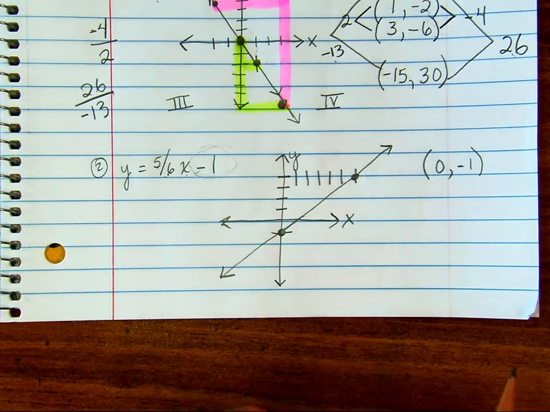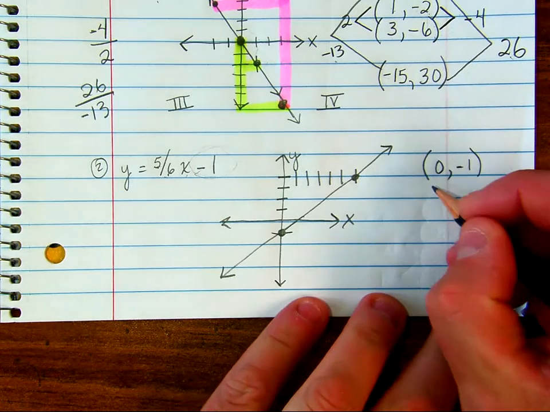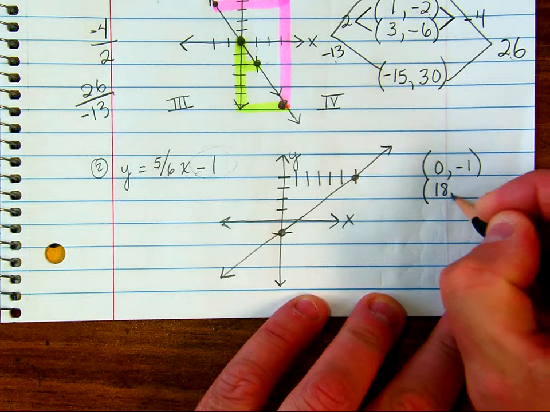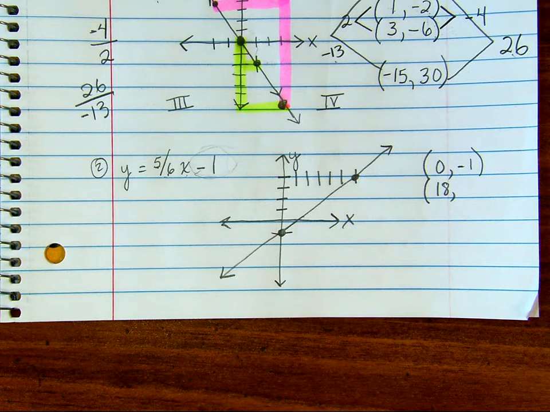What if x is 18? Say x is 18. What's the value of y going to be? Pat? No. Oh, gosh, no. 0 for 2.